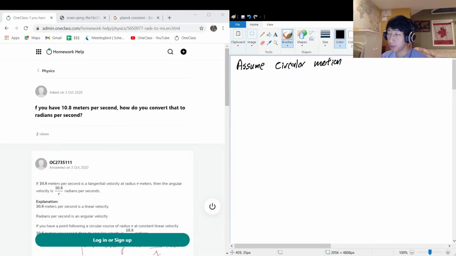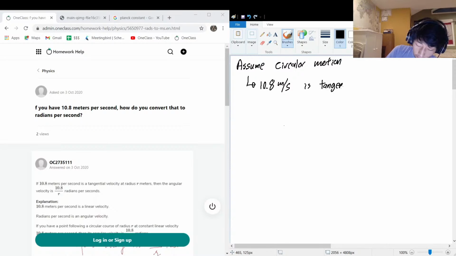Okay, so a nice equation that you can use is, assume circular motion, and we also assume that 10.8 meters per second is tangential speed in a circle.